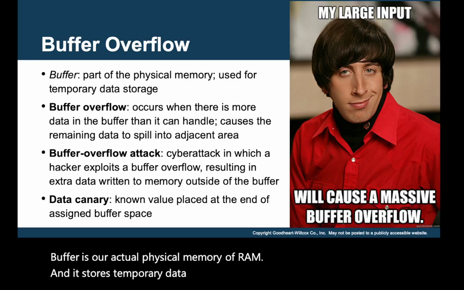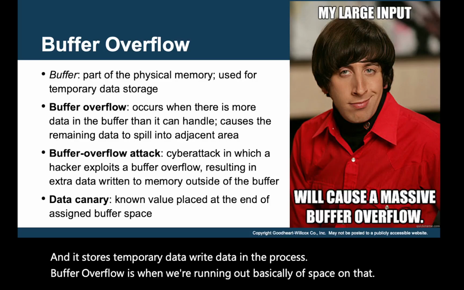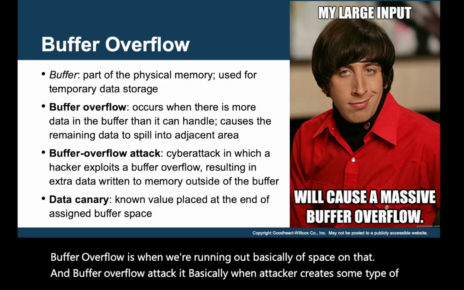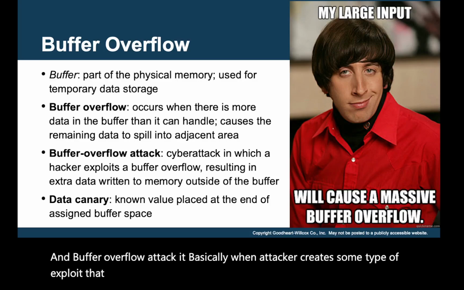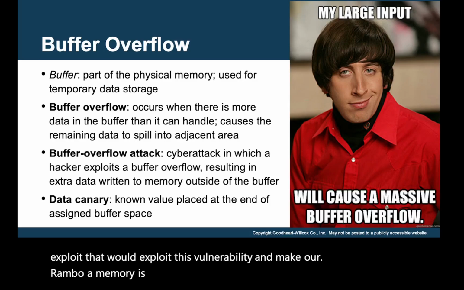Data in process. So buffer overflow is when we're basically running out of space on that memory. And a buffer overflow attack is when an attacker creates some type of exploit that would exploit this vulnerability and make our RAM, our memory, not accessible.